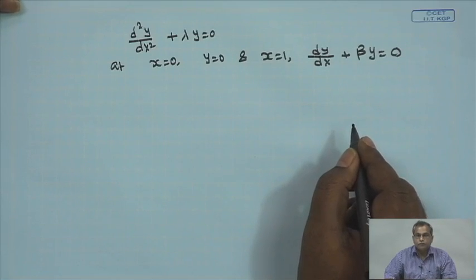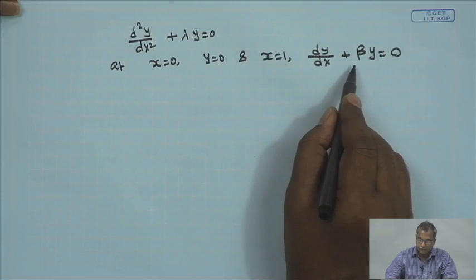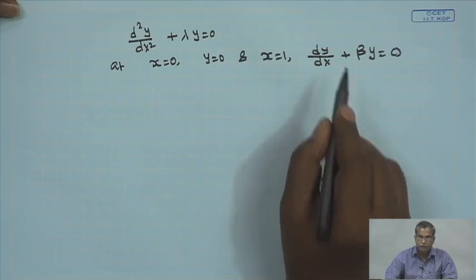Both boundary conditions are homogeneous, but in this case the boundary at x equal to 1 is replaced by a Robin mixed boundary condition.